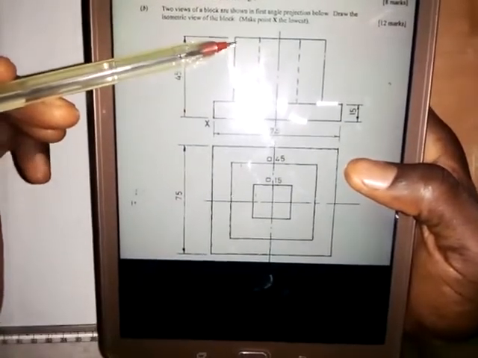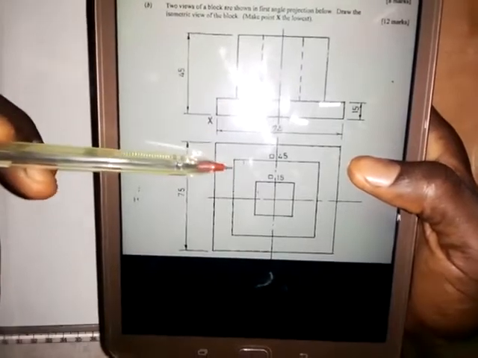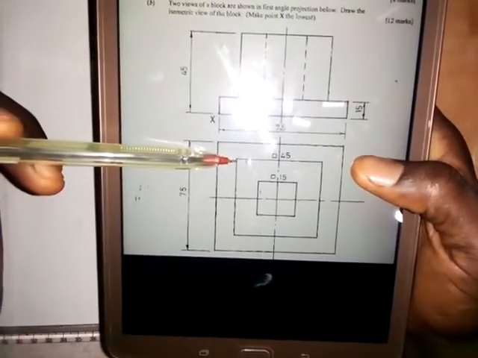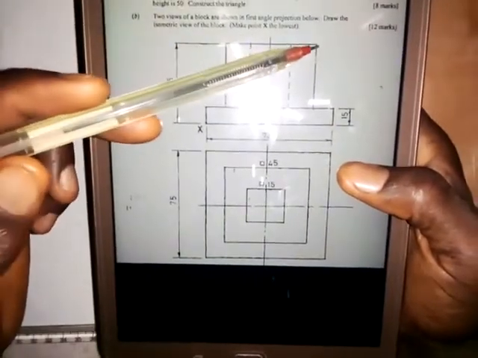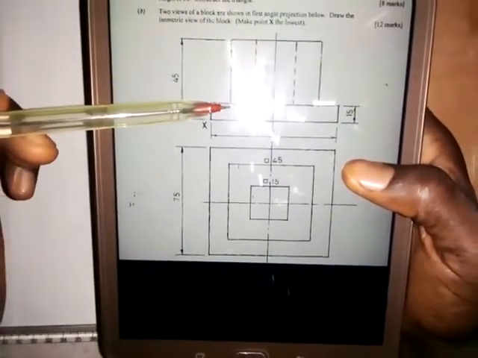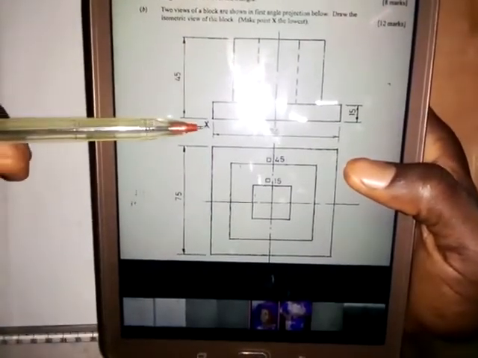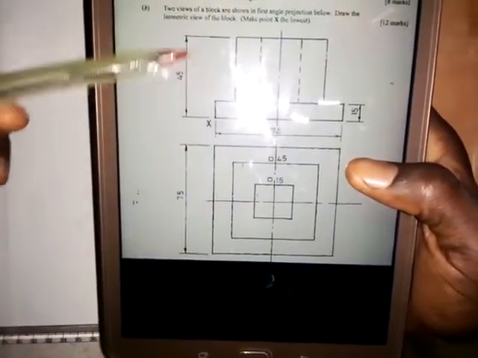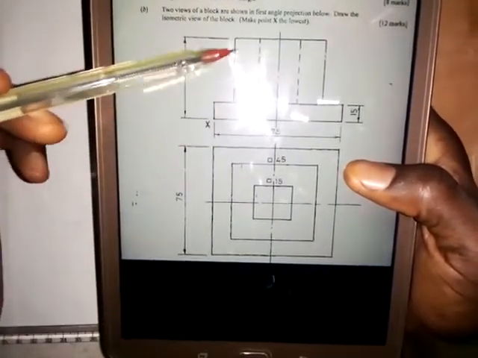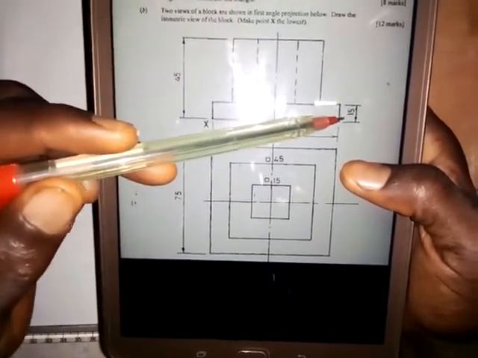All right, so on top of this base, we have this thing placed on it. And if you look at this very well, you will see that this part here happens to be part of this one. So the distance from here to here is 40 millimeters, and the height from here to here, though we are told that from here up here is 45 millimeters, so from here to here will be 45 minus 15, which is 30.